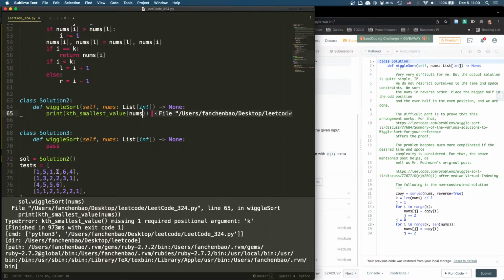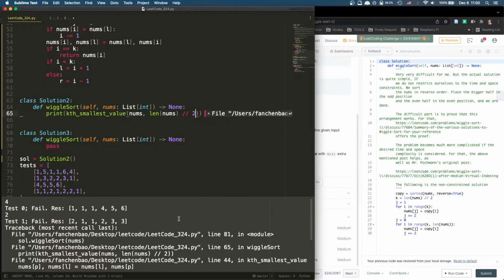If it's 7, length divided by 2 will be 3, right? 0, 1, 2, 3, and then we have another one here. That's 7. So the third one, yeah. So k shall be length of nums divided by 2.